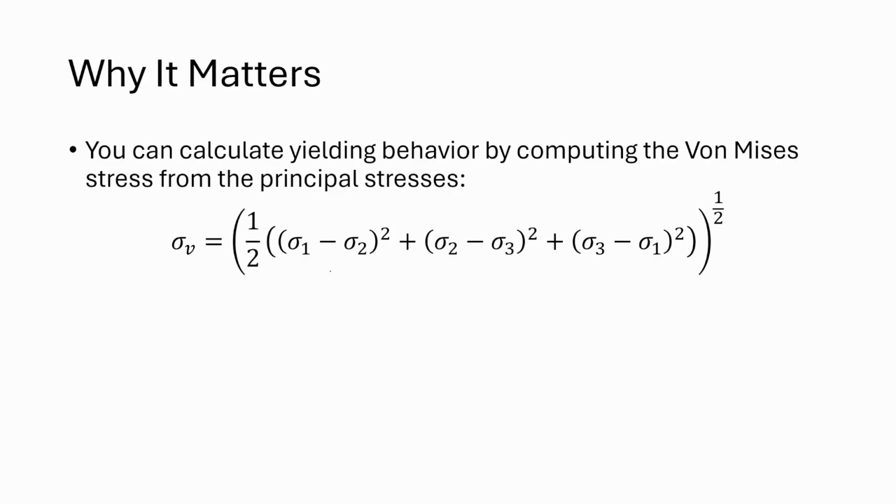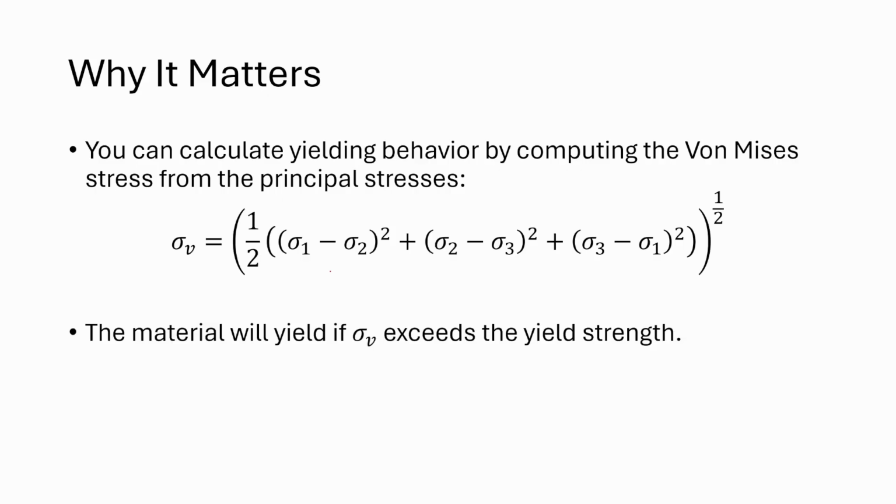And this particular combination has a really important and really useful physical meaning. This gives us the yield criterion for our material. If the von Mises stress, this combination of the three eigenvalues of this stress matrix, exceeds the yield strength, then yielding will occur.